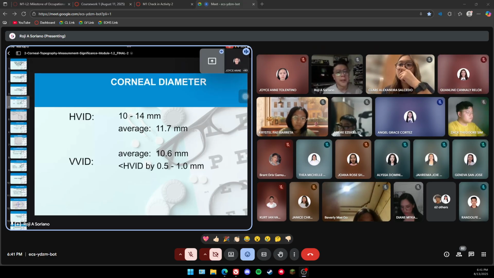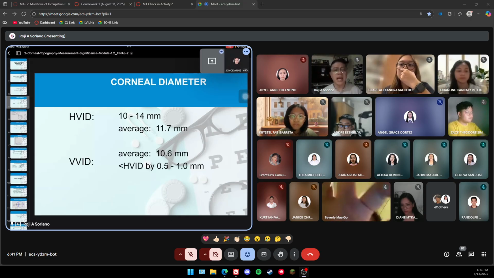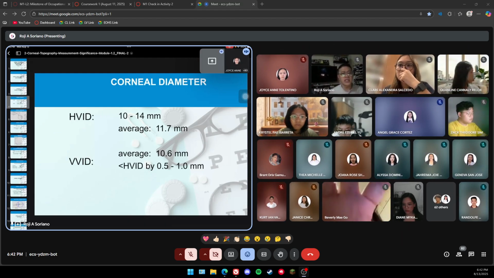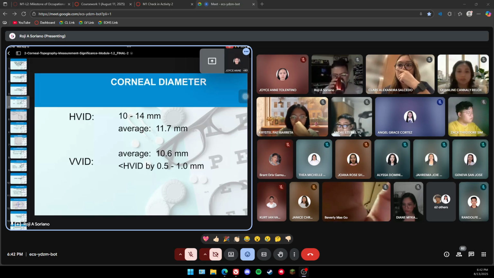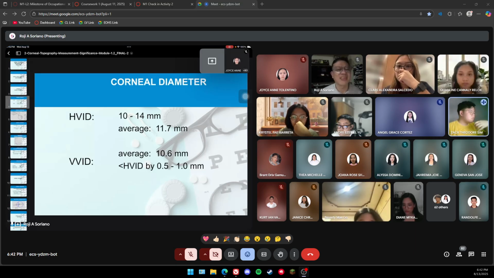So this is your vertical visible iris diameter, which averages 10.6, which is lesser than your HVID by 0.5 to 1 millimeter. All right, and why is this so? We know the reason, right? Insertion of the superior rectus.